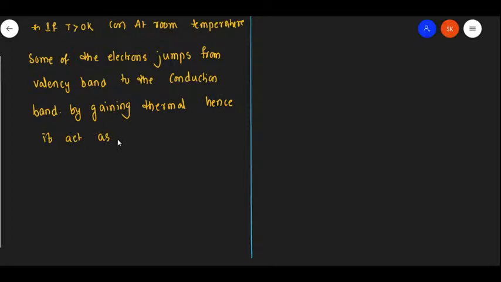That means a semiconductor acts as an insulator at 0 Kelvin, but it acts as a conductor at room temperature or above.